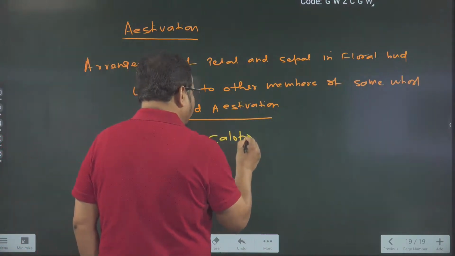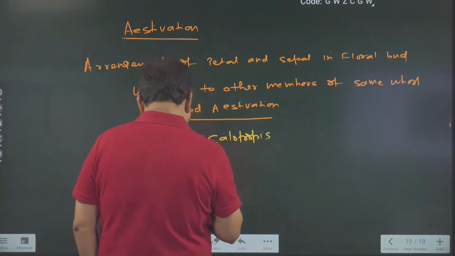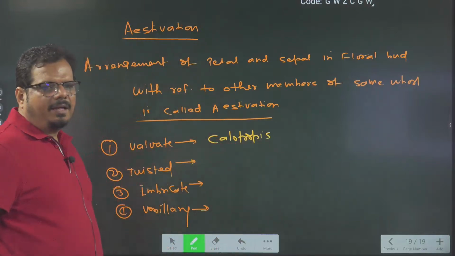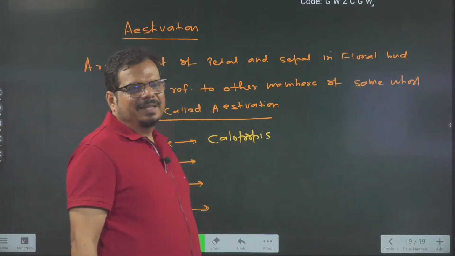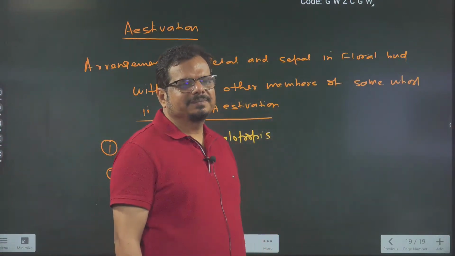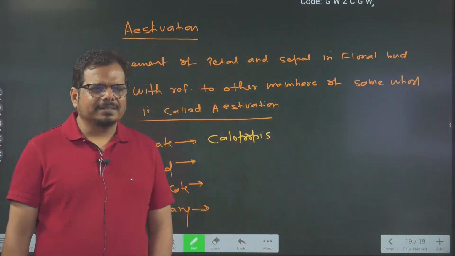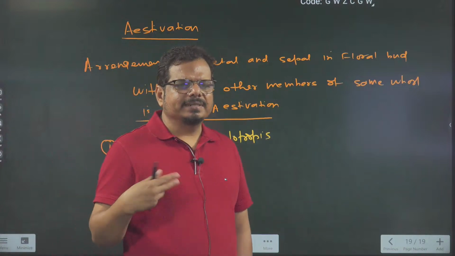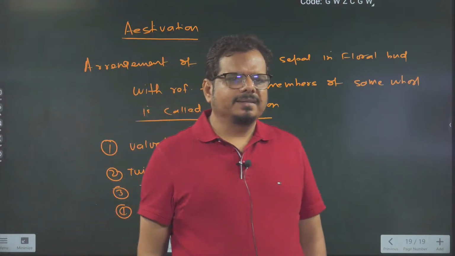Calotropis. What are the examples of twisted aestivation? Twisted aestivation. Fast. Without taking the help of NCERT. Just check your memory.